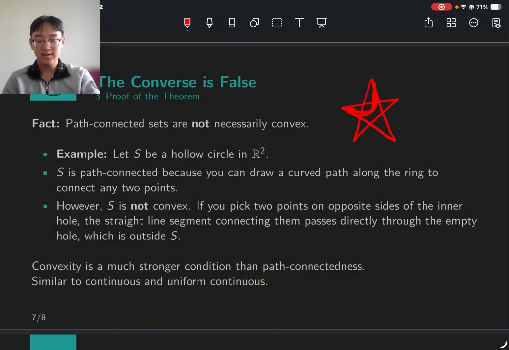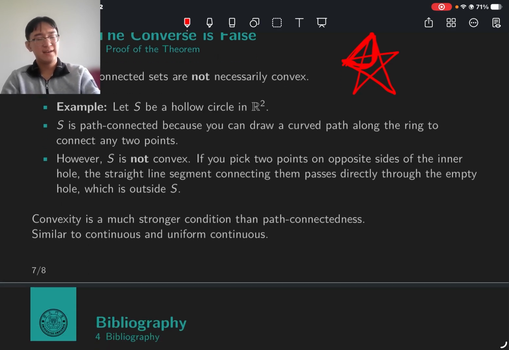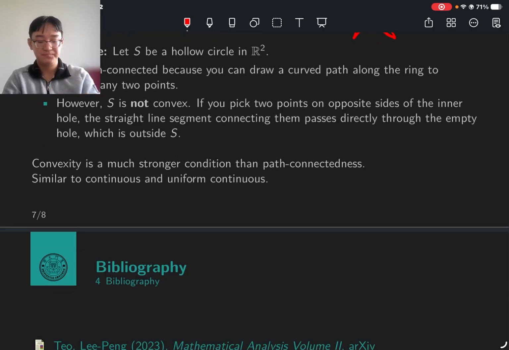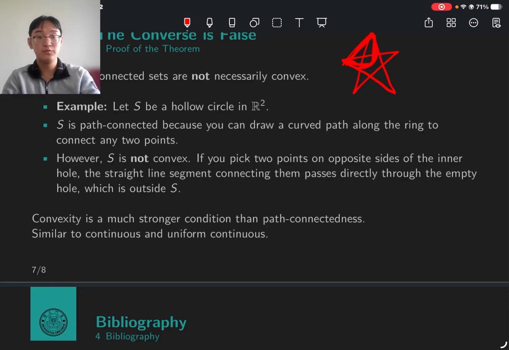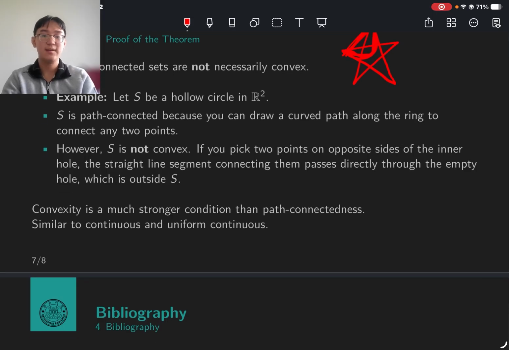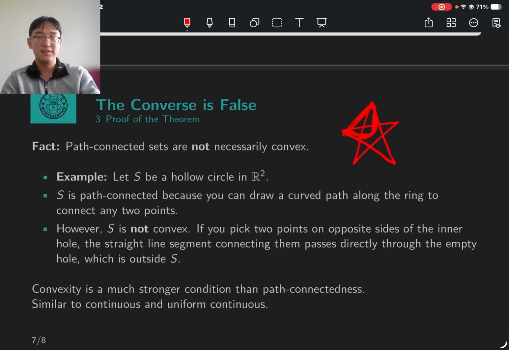But if we draw a straight line segment, it is not inside the set, so the set is not convex. That's what I want to show: path connected sets are not necessarily convex sets. That means the definition of path connected is a little weaker than the definition of convex set.